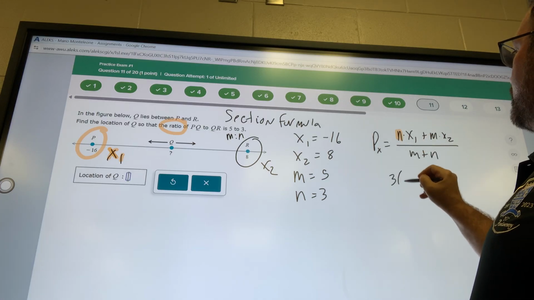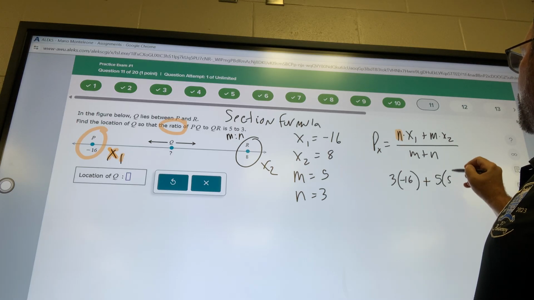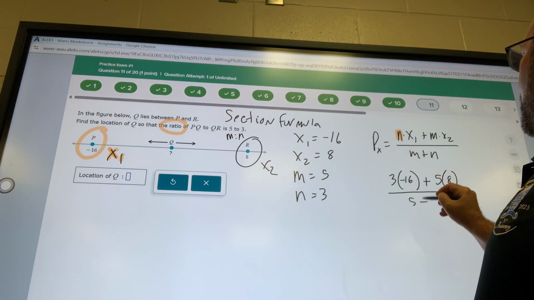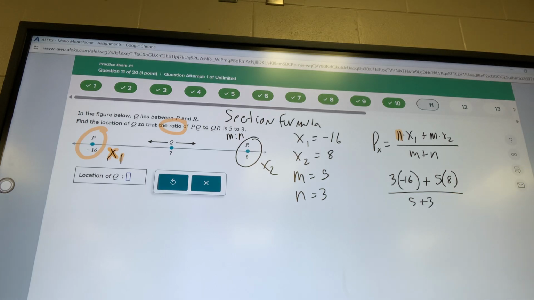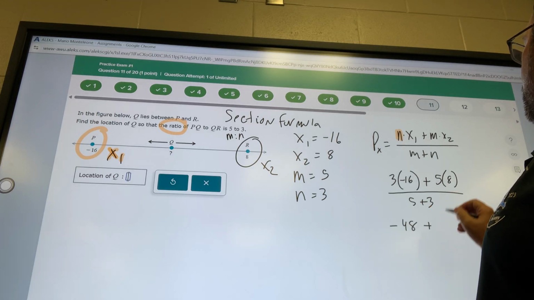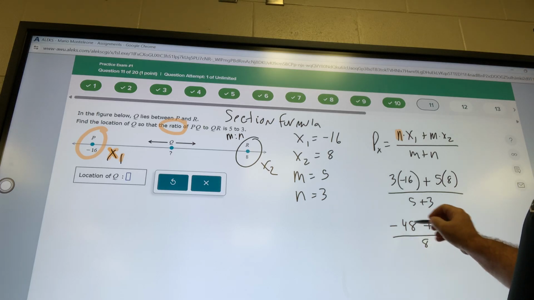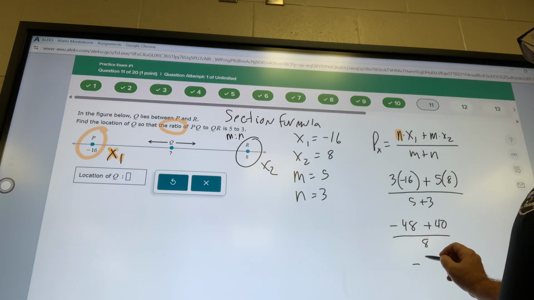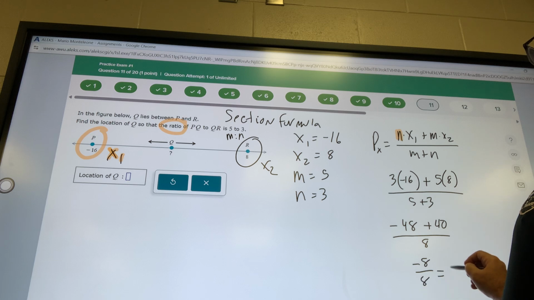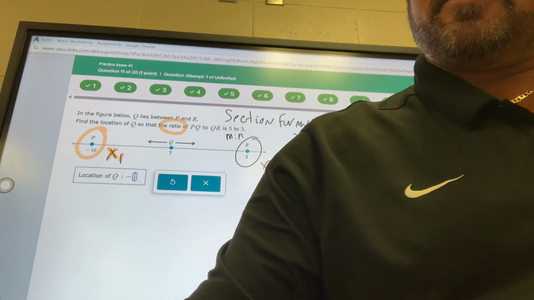N is 3, x1 is -16, m is 5, x2 is 8, divided by 5 plus 3. -16 times 3 is -48. 5 times 8 is 40, divided by 8. -48 and a +40 is -8 over 8, which equals -1 as my answer.